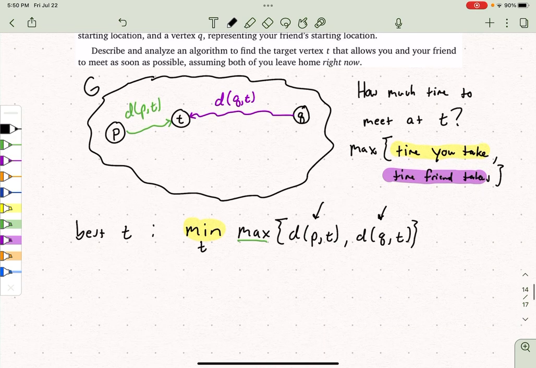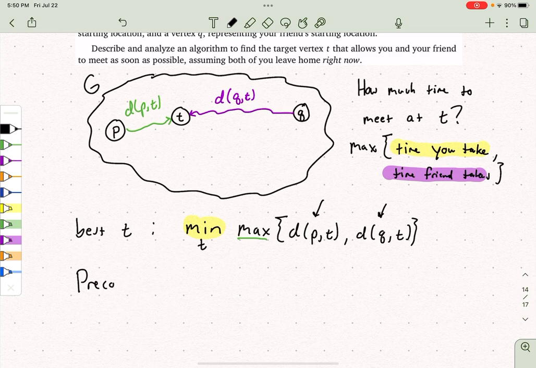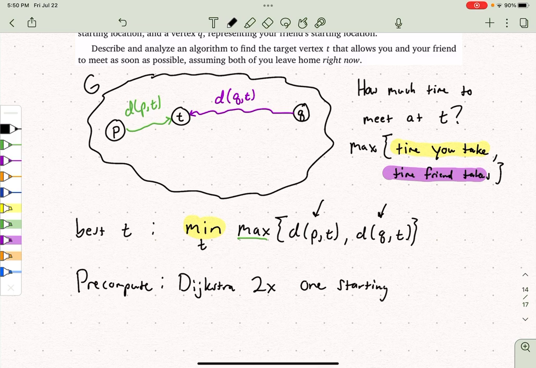And how are we going to compute these? Well, the most efficient way to do this is to pre-compute them. So we can run Dijkstra two times, one starting at P, so that we have the shortest path from P to any other node T, and then one starting at Q. We'll just compute both of these in advance and then compute this min.